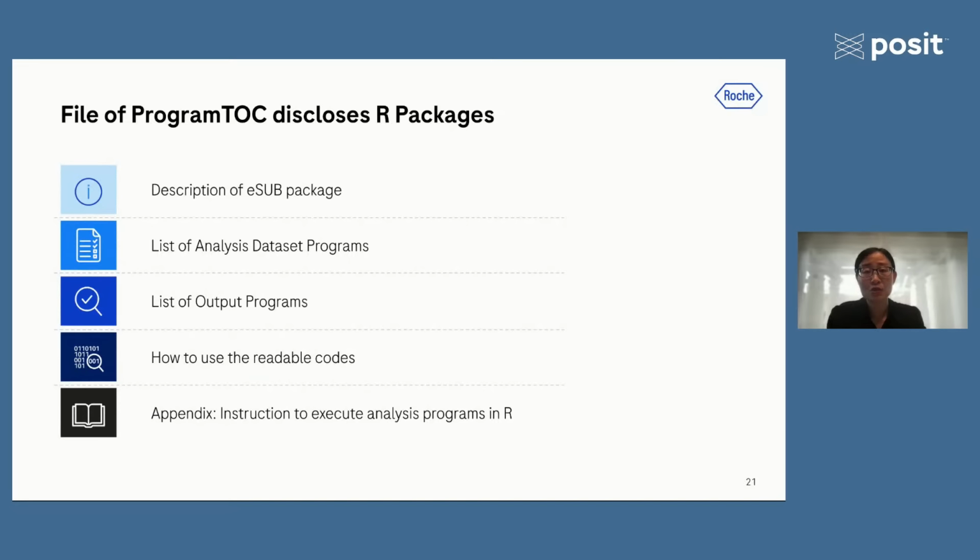For example, in the proprietary package part, we listed Admiral Roche since we use it to generate our analysis datasets. We also use quite a few open source packages like Admiral and Tern, and we included the package version and a very brief description, which can also be taken as the justification of the use.